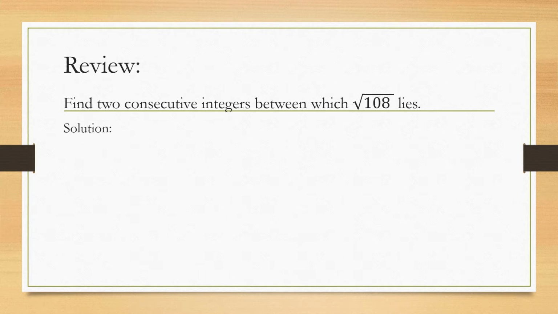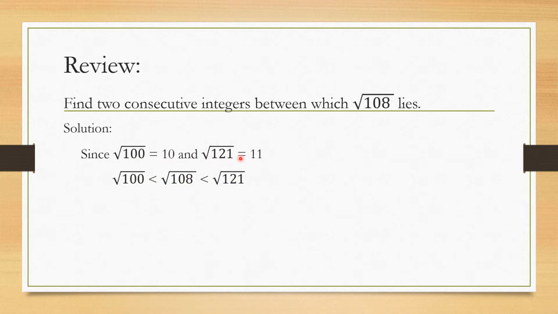For our solution, since the square root of 100 equals 10 and the square root of 121 equals 11, as you can see here, we could say that the square root of 100 is less than the square root of 108, where 108 is less than the square root of 121.